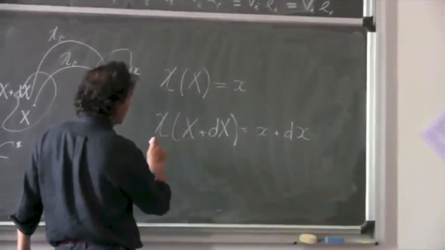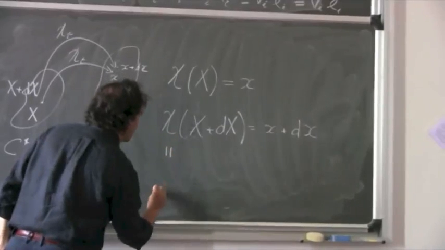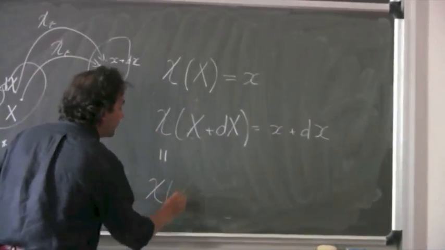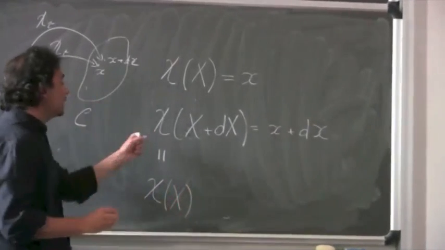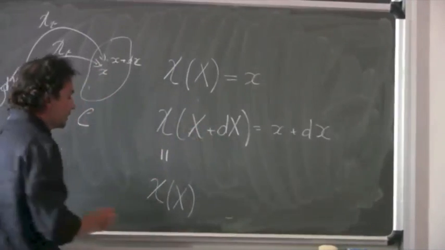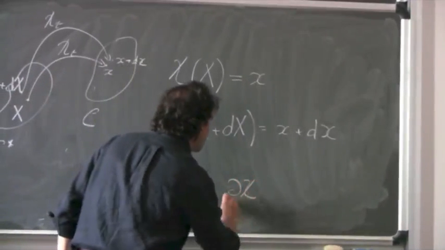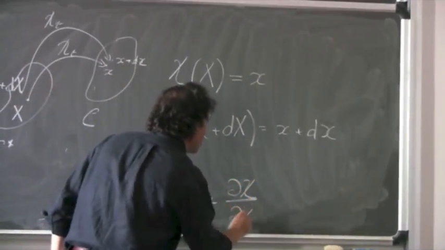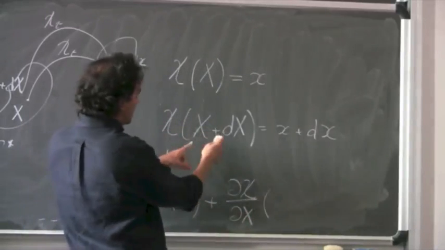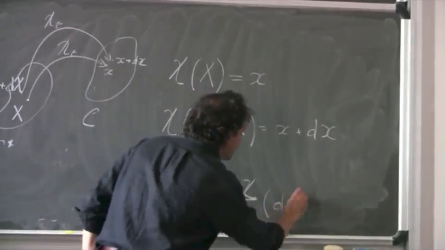So generally you have a function, the function placement, and you can develop it. So you can calculate the same function centered in X. Let us develop this function centered in X. We have this plus the derivative of chi with respect to X multiplied by X plus dX minus X, so dX.